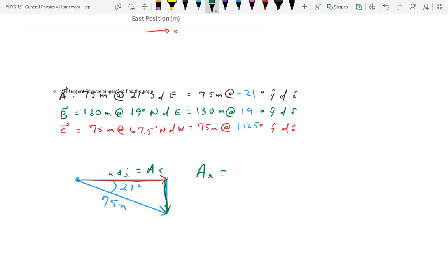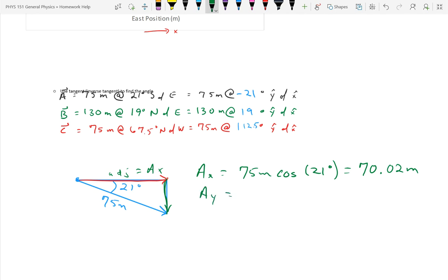Using trigonometry, the trigonometric function that relates adjacent and hypotenuse is cosine. So AX is going to be the hypotenuse, 75 meters, times cosine of 21 degrees. I actually have the numbers all calculated for me here, so we don't have any problems. So that's 70.02 meters.